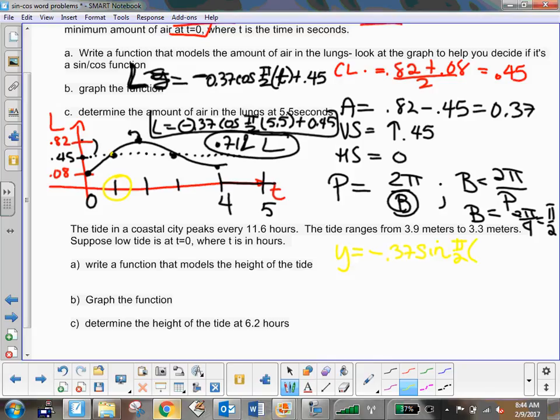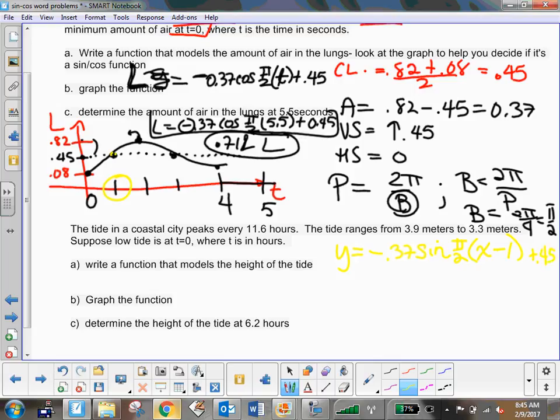Here's where we have our shift. Our shift is going to be x, and then now we have to think backwards. We are ahead of where we wanted to be. So how do I show that I wanted to move it ahead? Minus 1, yes, and then still plus 0.45.